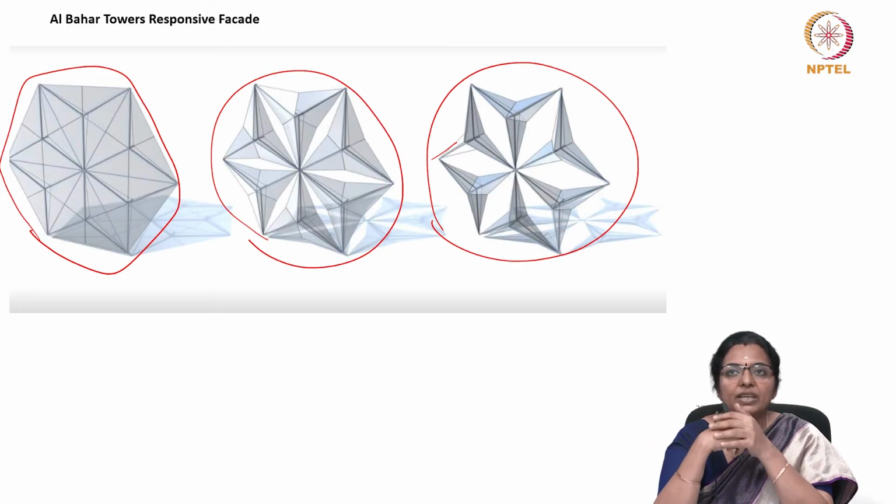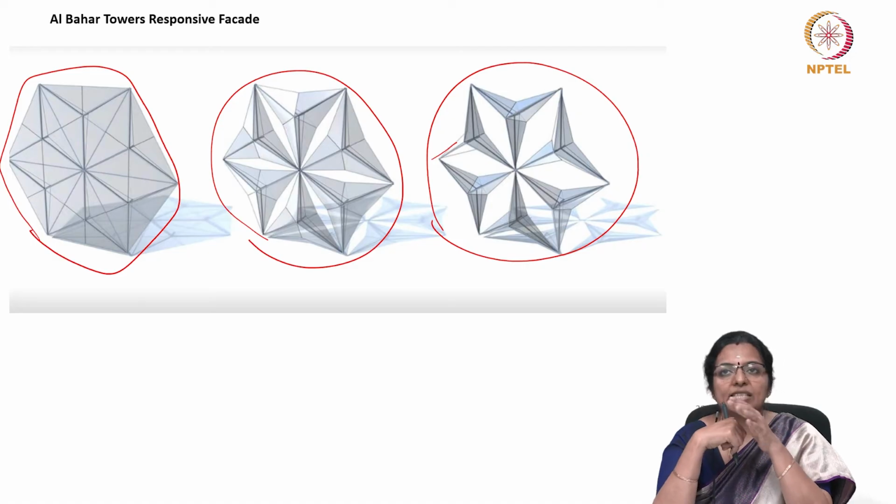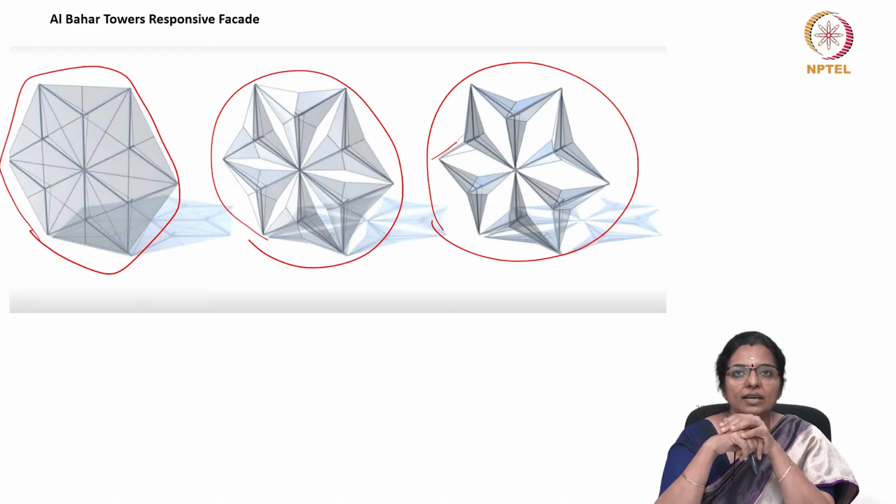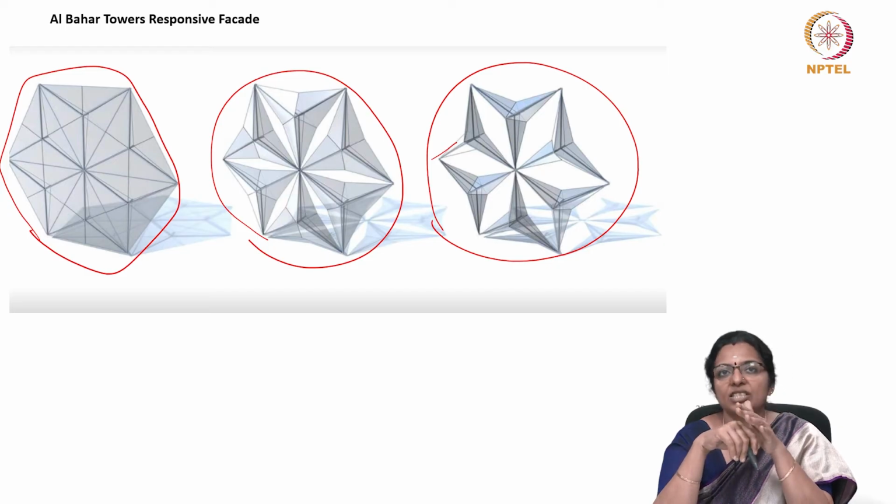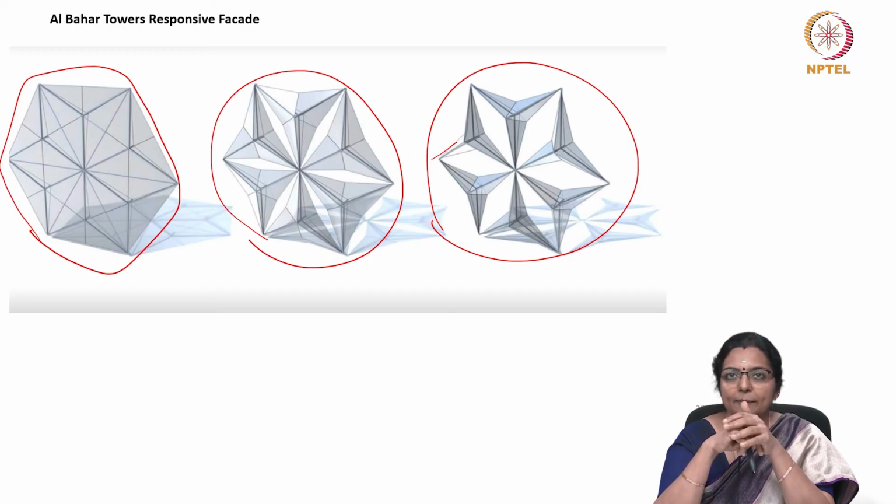And each of the triangles is coated with fiberglass, and it is programmed to respond to the movement of the sun throughout the year and throughout the day in such a way that solar gain is minimized, glare is minimized.